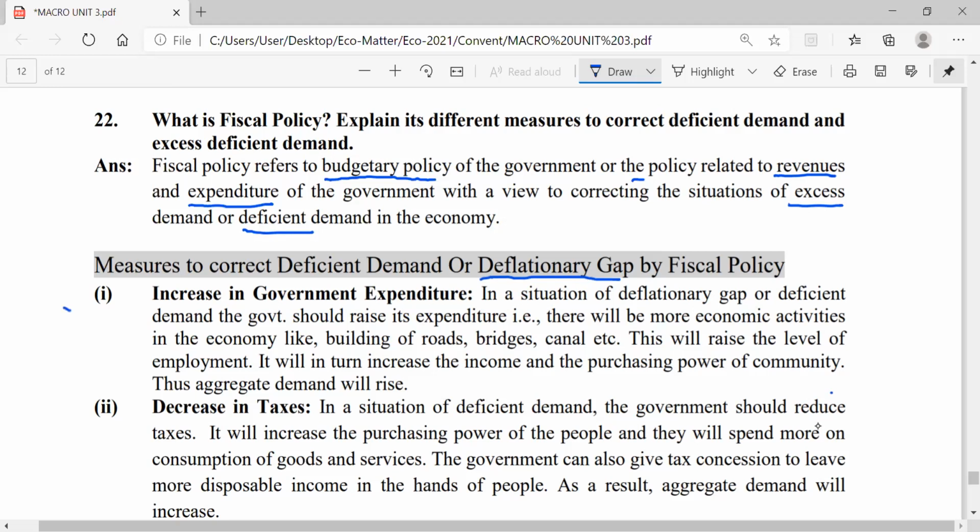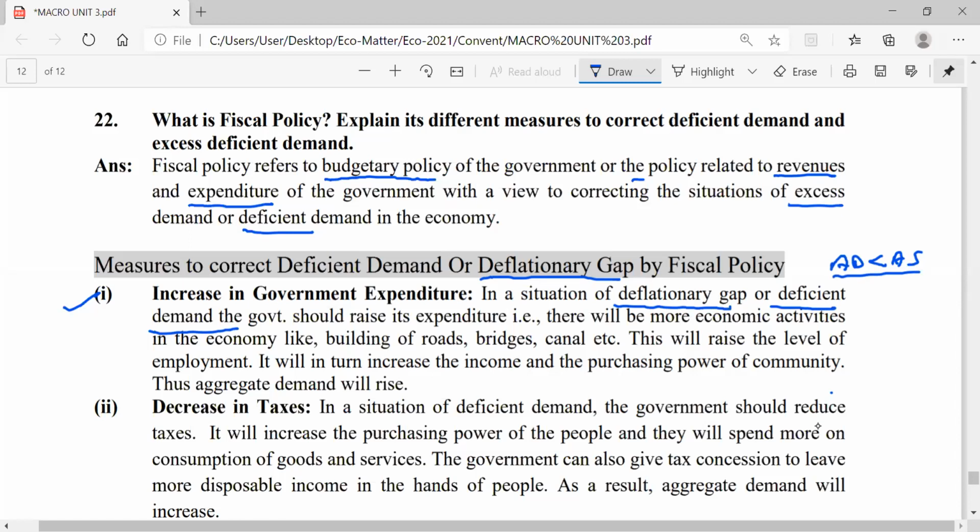So the first point, as I told you, is an increase in government expenditure. In fact, I told you this point last, as the fourth point, but here it is given as the first point. If government increases its expenditure, what will be the outcome? Listen carefully. In a situation of deflationary gap or deficient demand, AD is less than AS, corresponding to the full employment level.